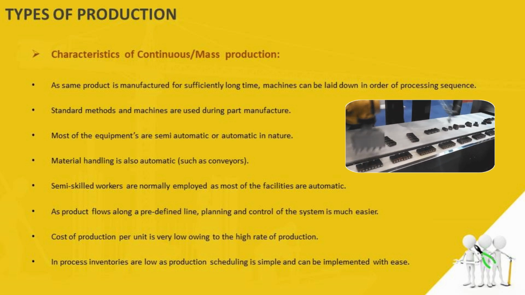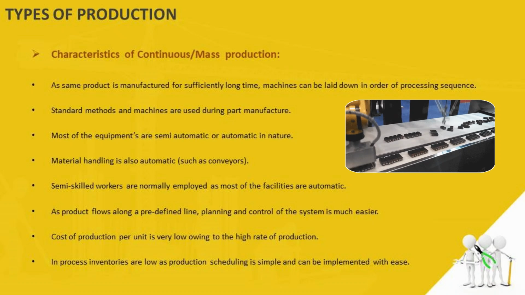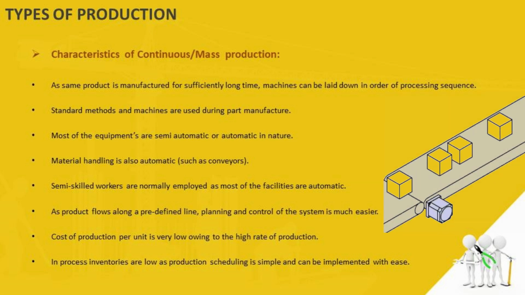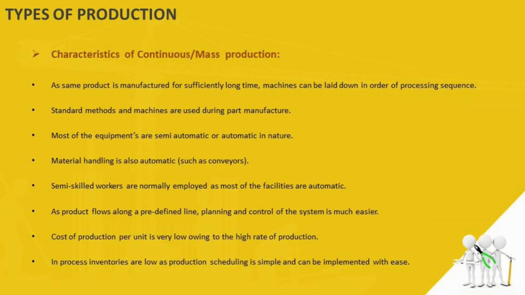Most of the equipment is semi-automatic or automatic in nature. Material handling is also automatic, like conveyors. If we are making, let's say, beam channels or angles, the same product is being made for a sufficiently long time. So material handling can also be made automatic. It's not manual, and hence the conveyors.